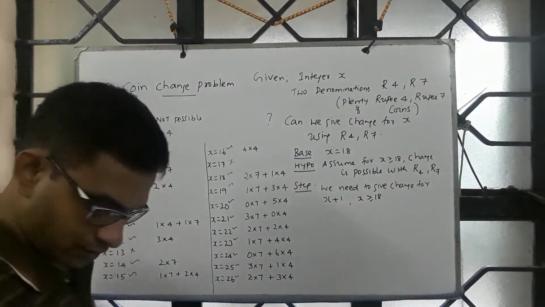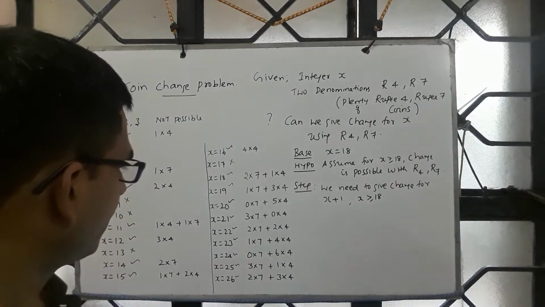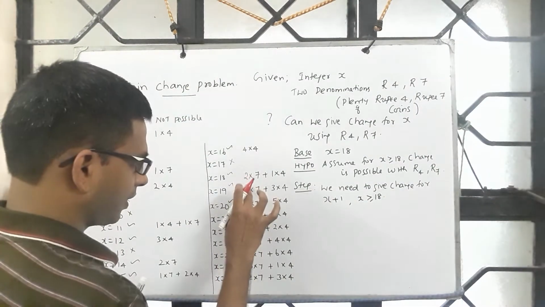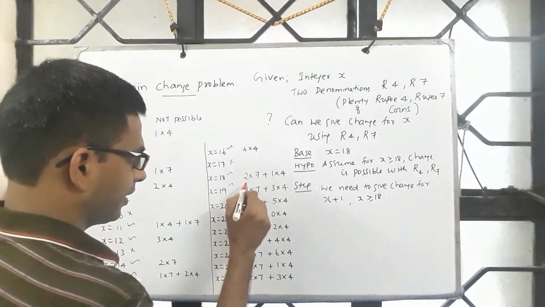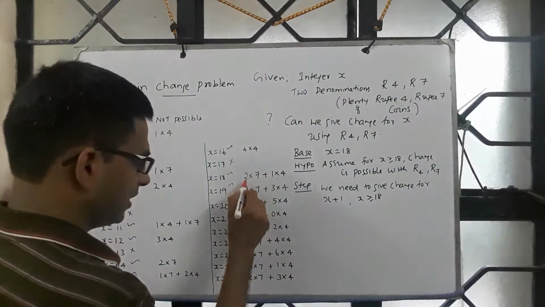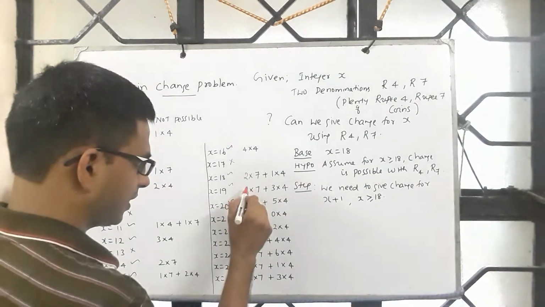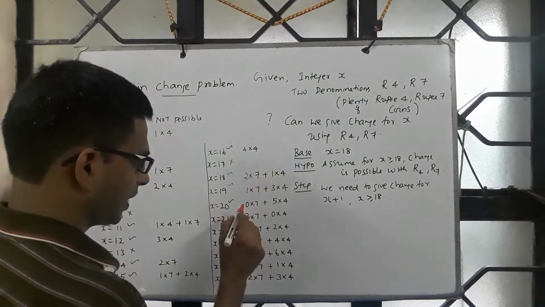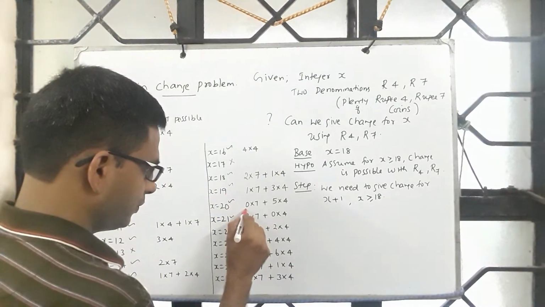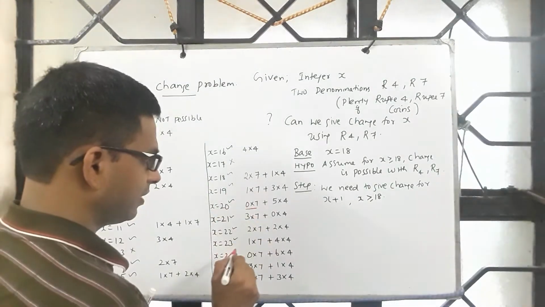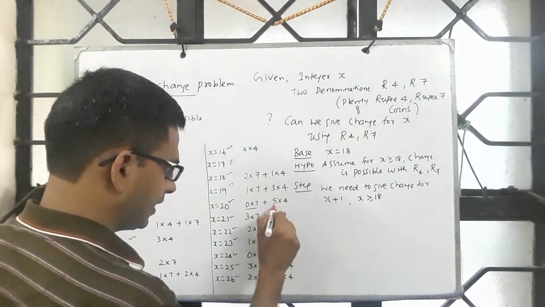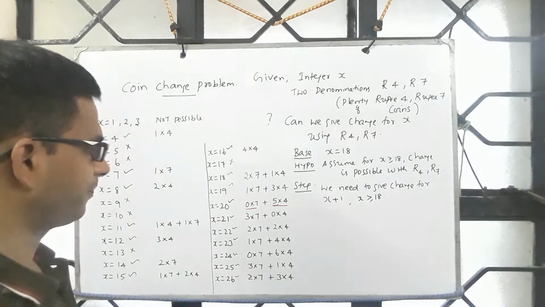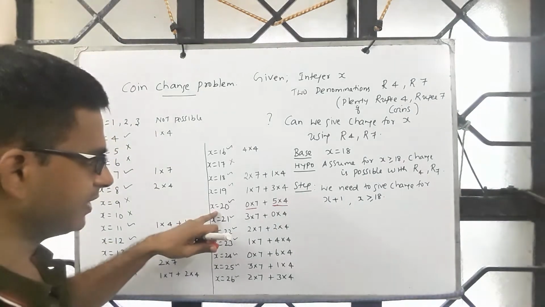Okay, listen carefully. If you observe this, you are using at least 1 7, at least 1 7. At this place, no. When you are not using 7, we are using at least 5 4s, because at this place 20 comes, so at least 5 4s.